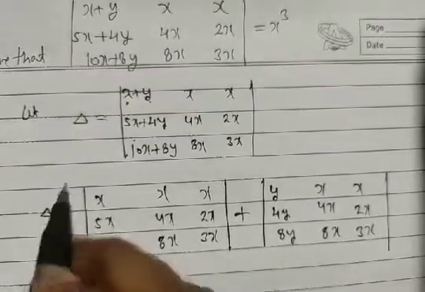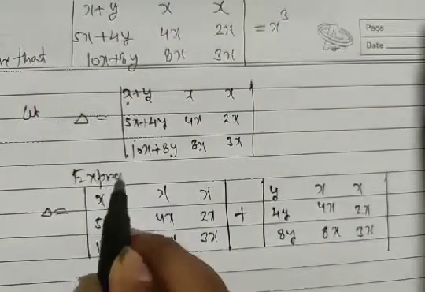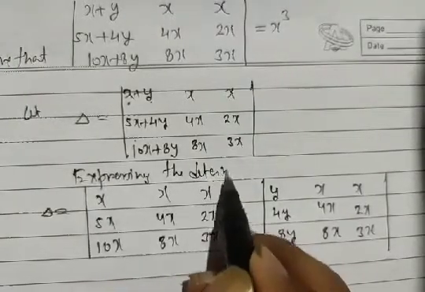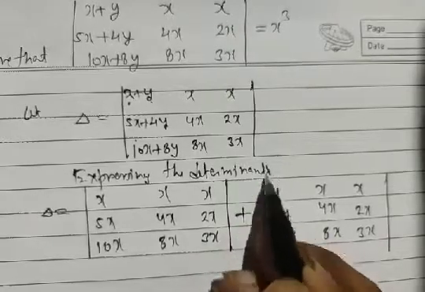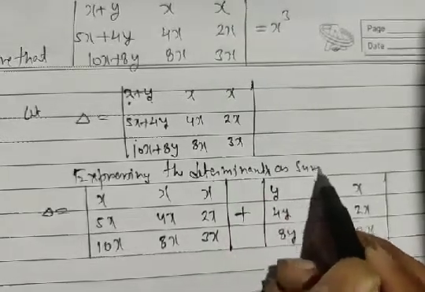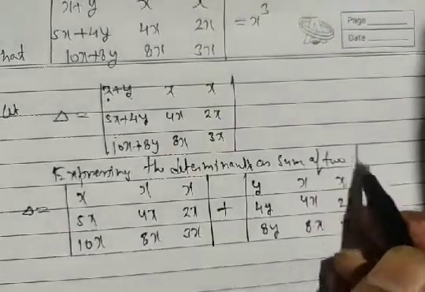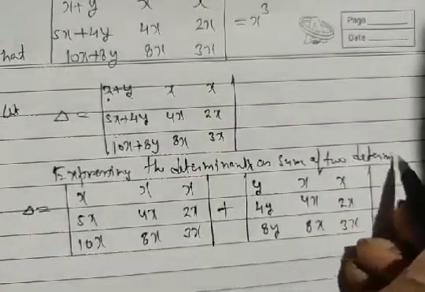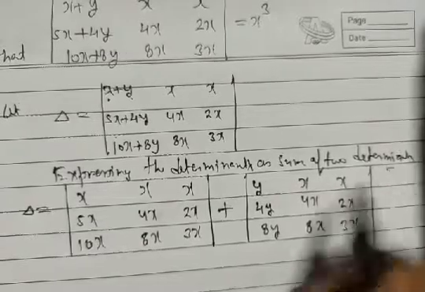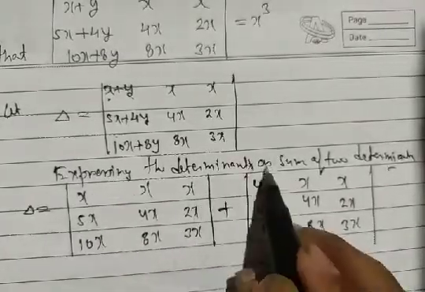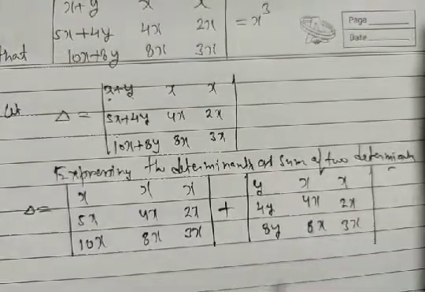We are expressing the determinant as a sum of two determinants.